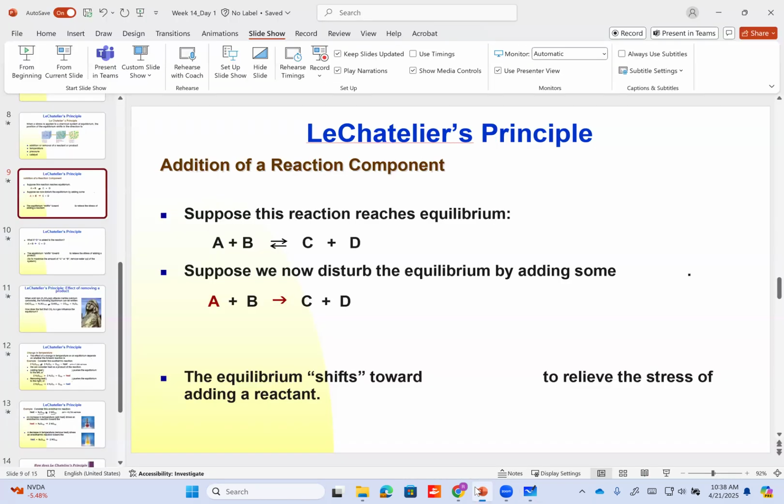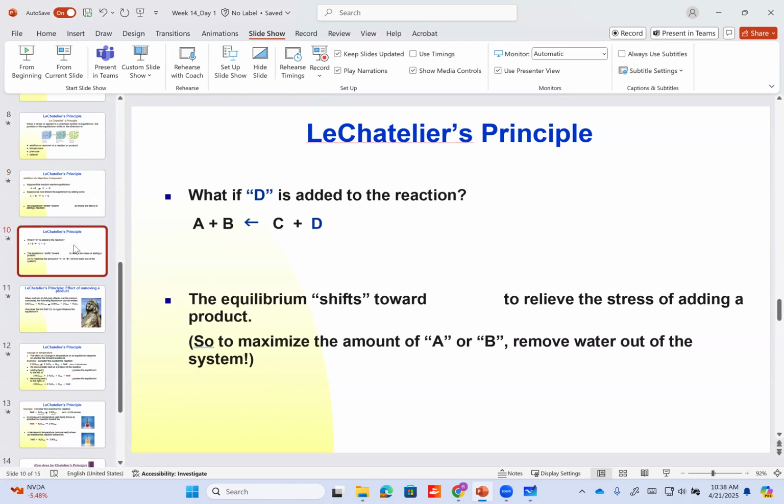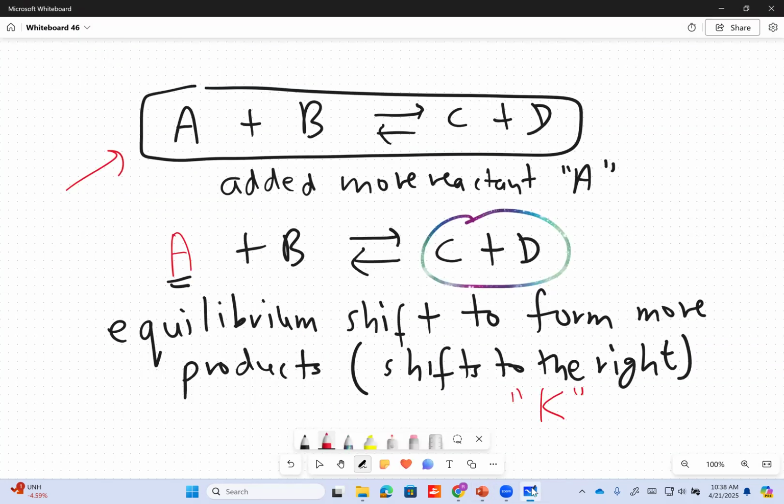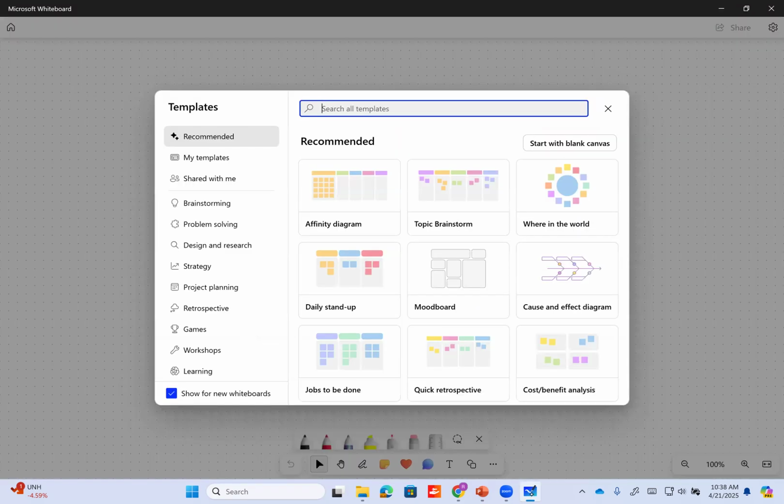All right, so now instead of adding A, what happens if we add D to the same reaction? Same reaction, A plus B is at equilibrium with C plus D. Remember, C plus D are my products.